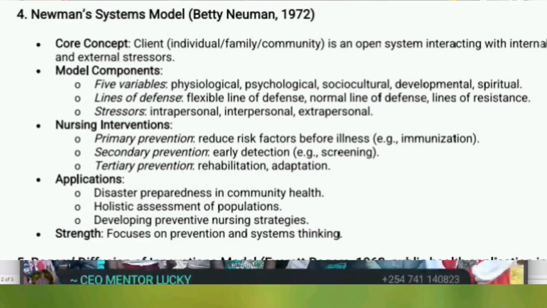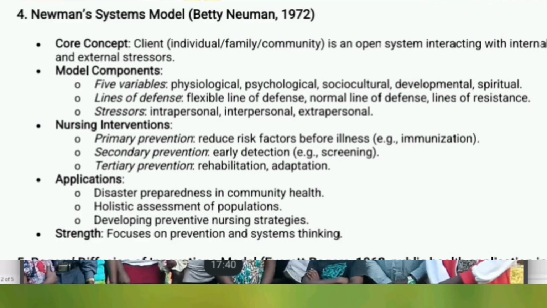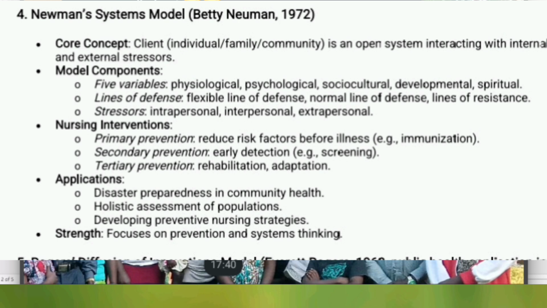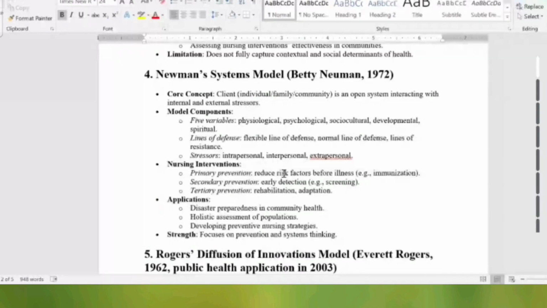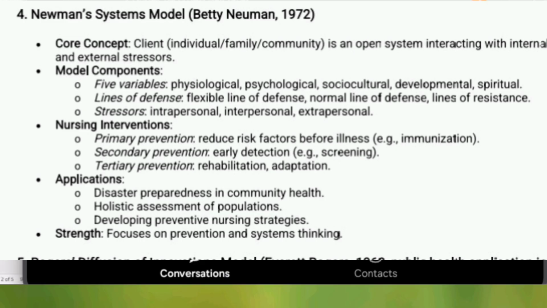So we normally talk of the interpersonal and extrapersonal stressors. Now, looking at this model, as you are able to defend yourself, the way you are training here as a BSN, as a community health nurse, at the end of it, how will you be able to assist this particular individual in that particular community? That is what you are referring to as level of disease prevention or nursing intervention.